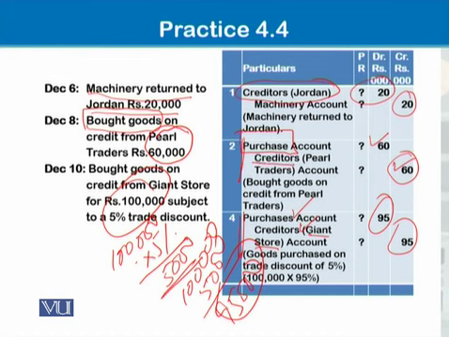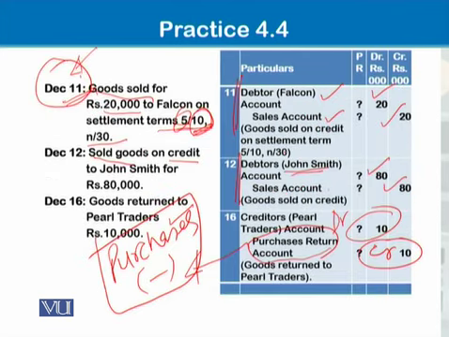This is the creditor. Then what happened? We returned goods to Pearl Trader for 10,000. So 60 minus 10 is equal to 50,000. So 50,000 was the amount that we were supposed to pay to Pearl Trader.